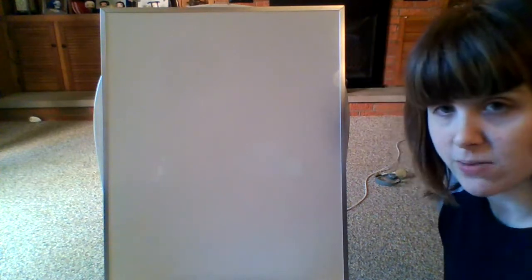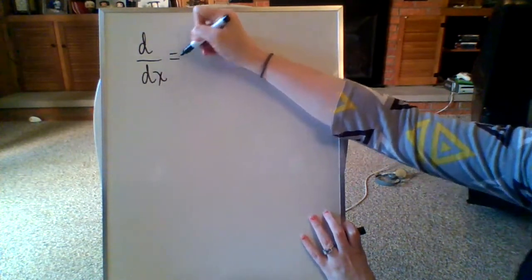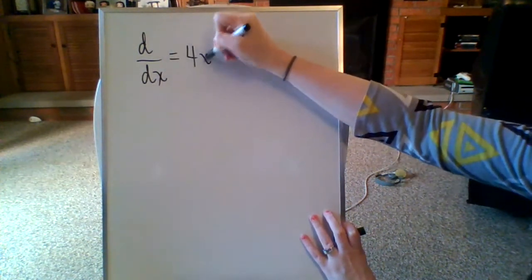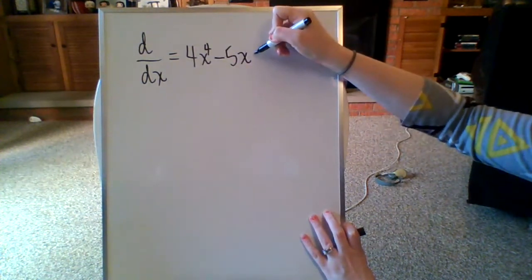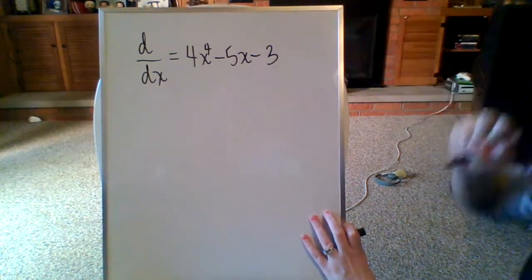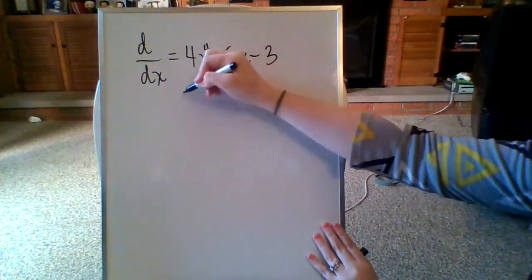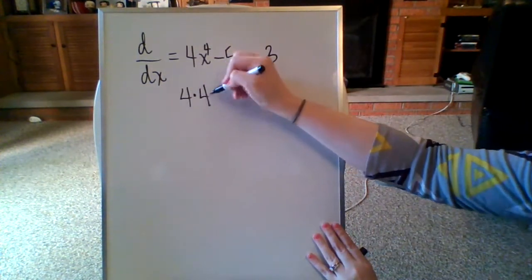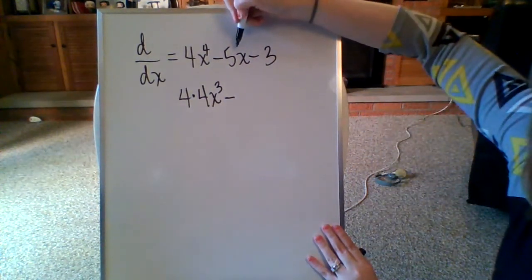Alright, now we're going to do the power rule and the sum rule together, because our example for this one is find the derivative of 4x to the 4th minus 5x minus 3. Okay, so we're going to move this 4 to the front. So now we have 4 times 4x to the 3rd minus, this part is going to become 5.